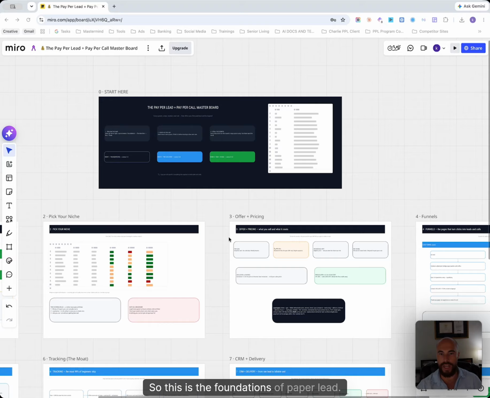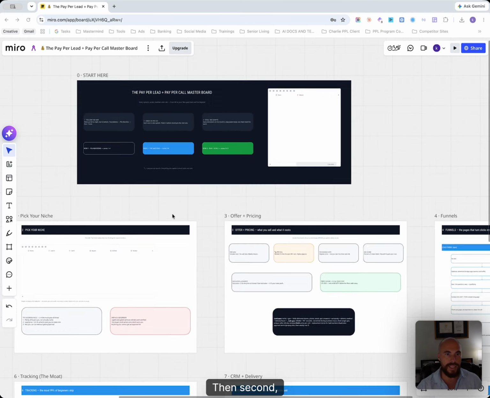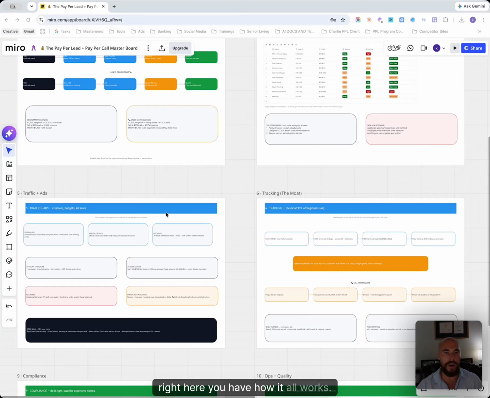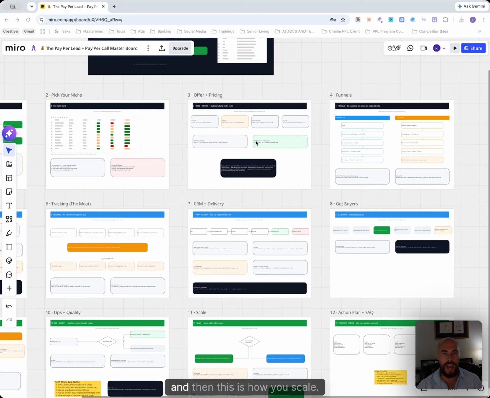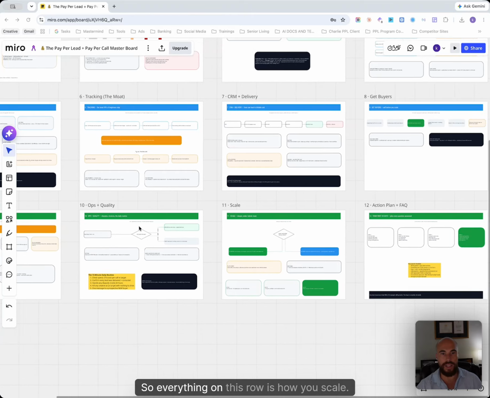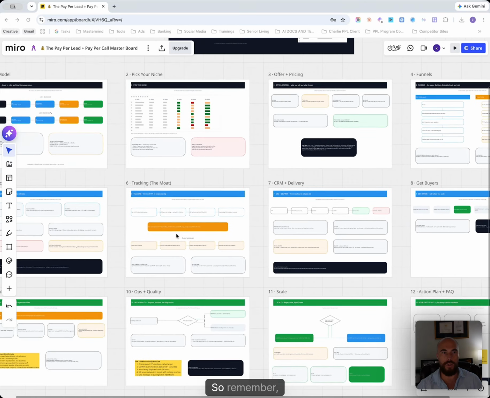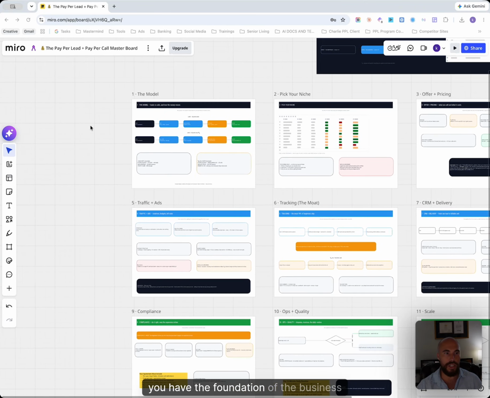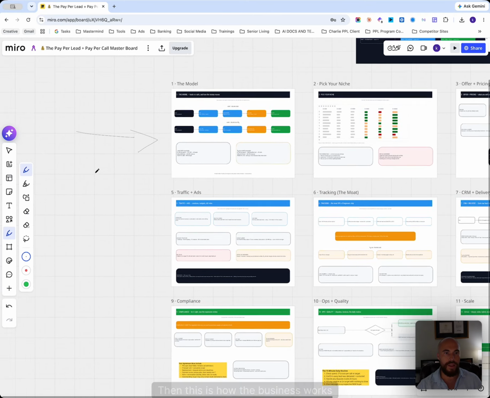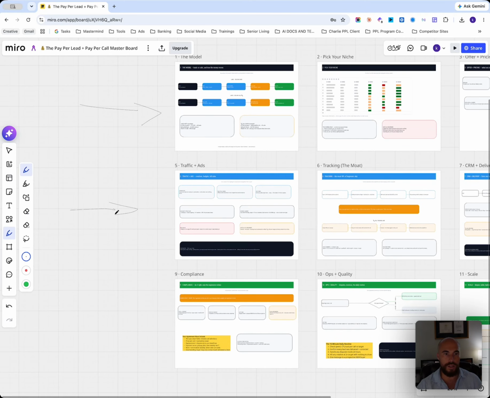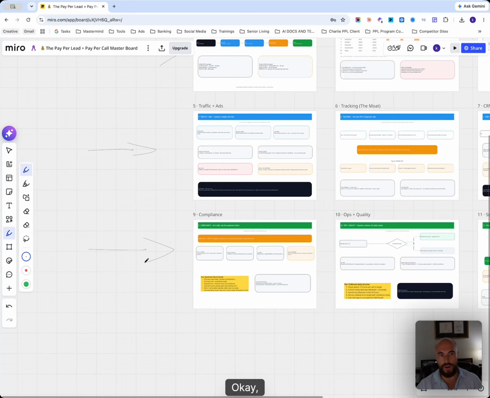So this is the foundations of pay-per-lead. Then second right here, you have how it all works, like everything that you need to actually run your business. And then this is how you scale. So everything on this row is how you scale. Remember, the foundation of the business is right here, then this is how the business works, and then this is how you scale, okay?